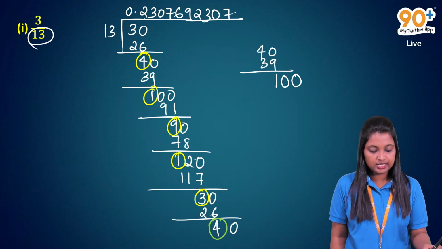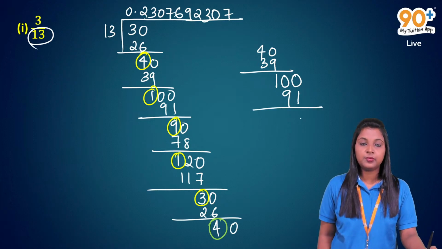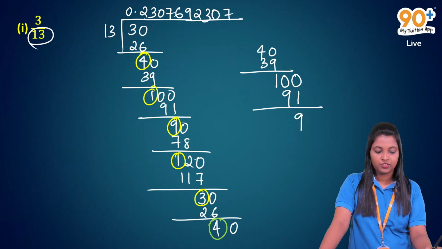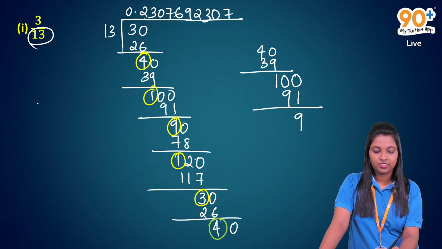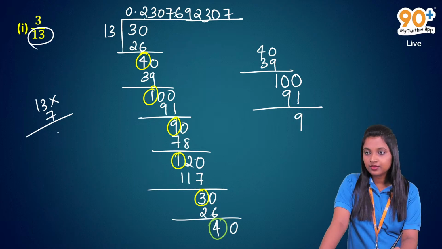So 7 13s are 91 and the remainder is 9. Okay, 90, so 90. 13 sevens are 91, and 9 and 90, it will be 6.